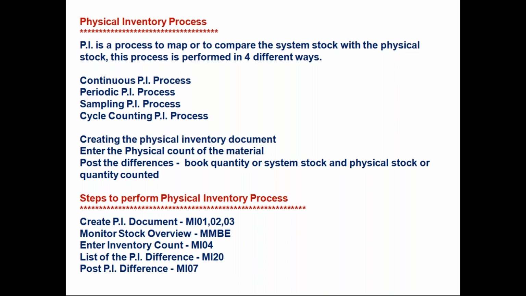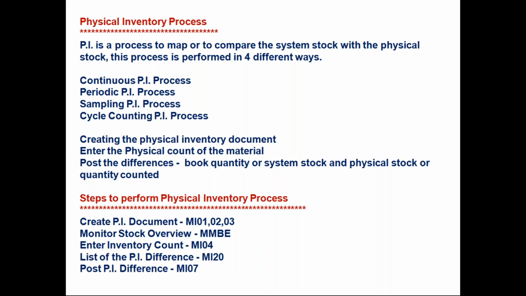System wise, how much stock is available as per the SAP system, and physically, how much stock of the material is available. Are both matching or not? What happens if system stock is more, or what happens if physical stock is more, or what happens when both are equal? So we need to monitor all these activities.